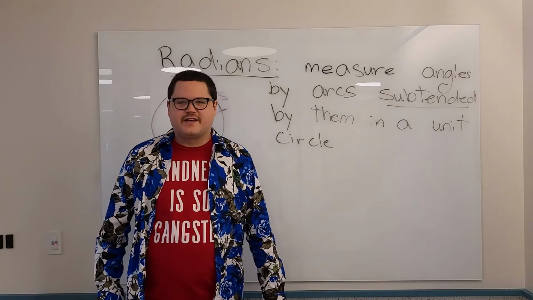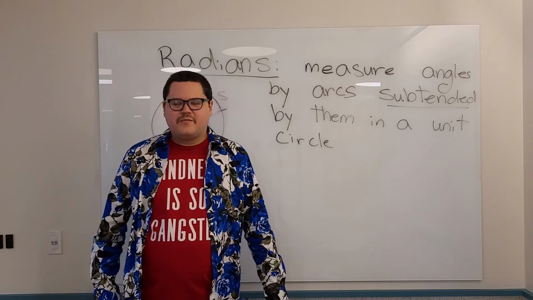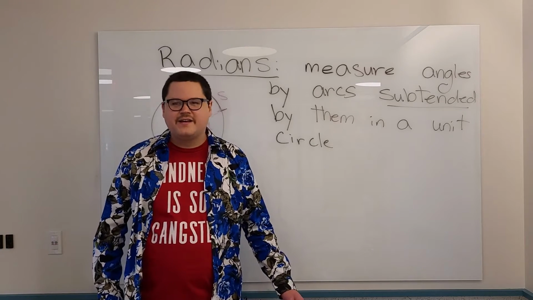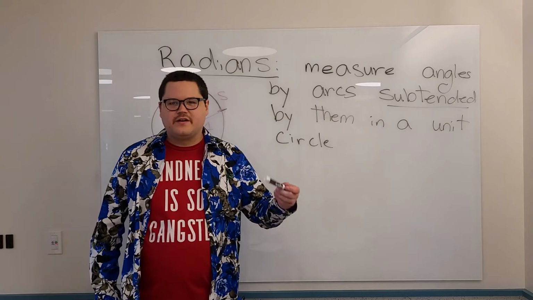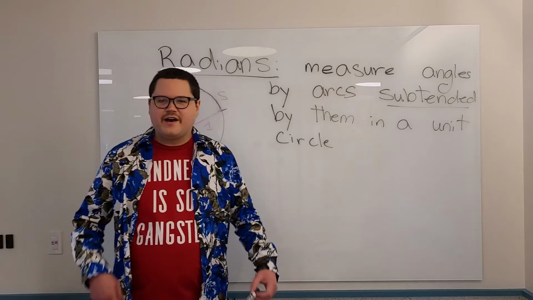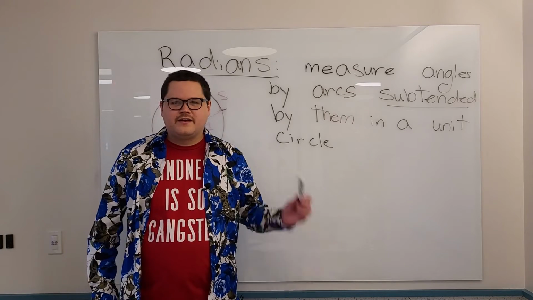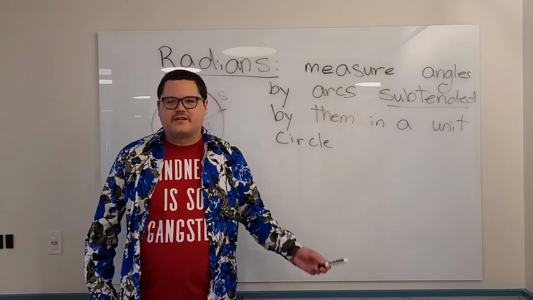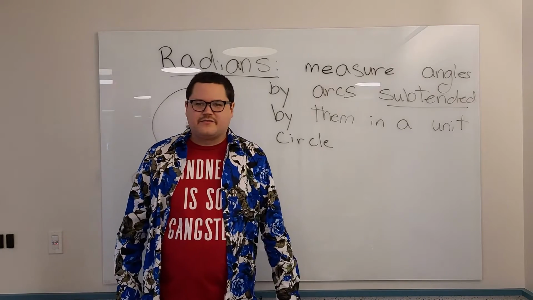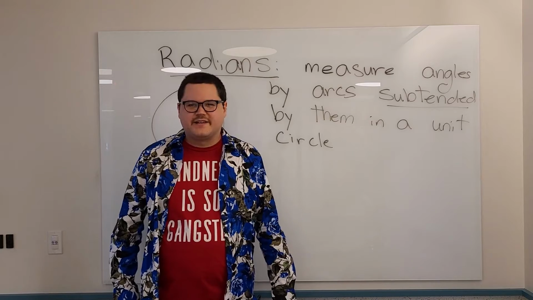What are degrees exactly? Well, remember that if you measure an angle in degrees, what you're saying is that a full circle is 360 degrees, and fractions of that circle, their angle measure is defined correspondingly. But you might ask yourself, why 360?